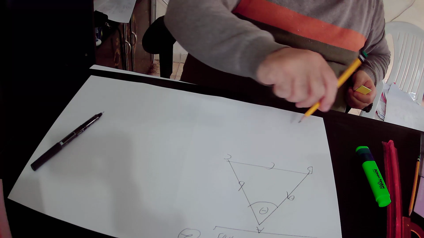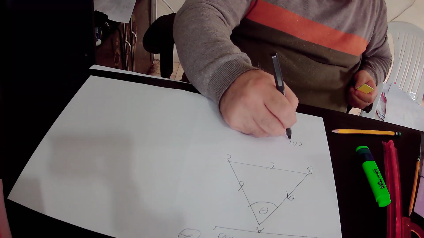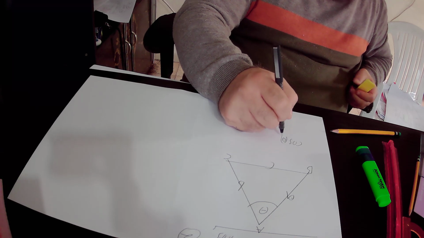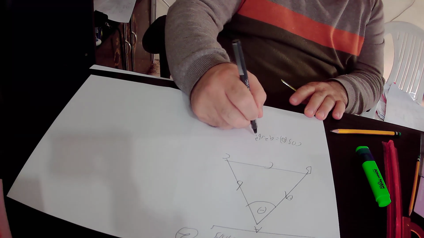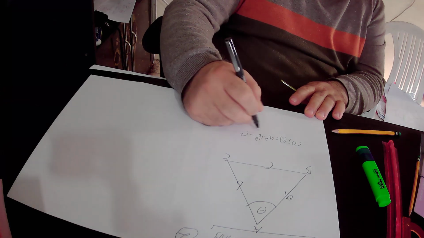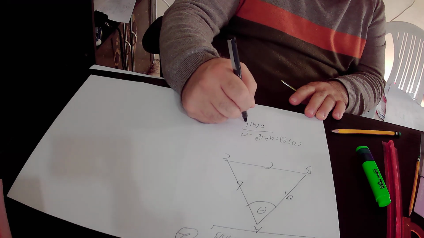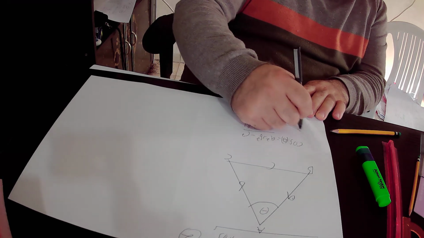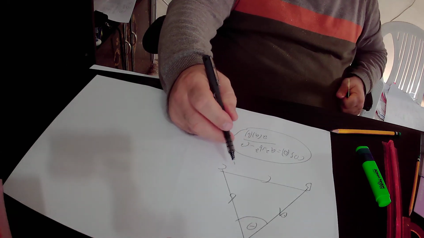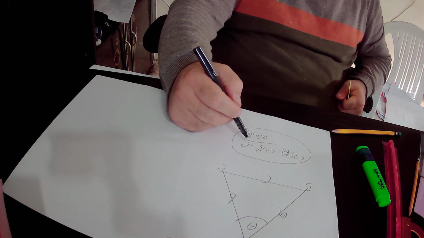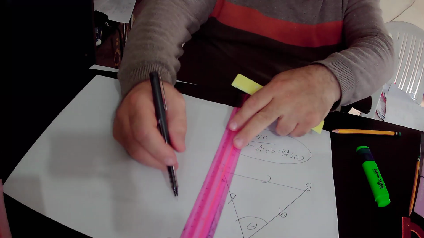Then we get that cosine theta equals A squared plus B squared minus C squared over 2 times A times B. So in any triangle, cosine theta equals A squared plus B squared minus C squared over 2AB.